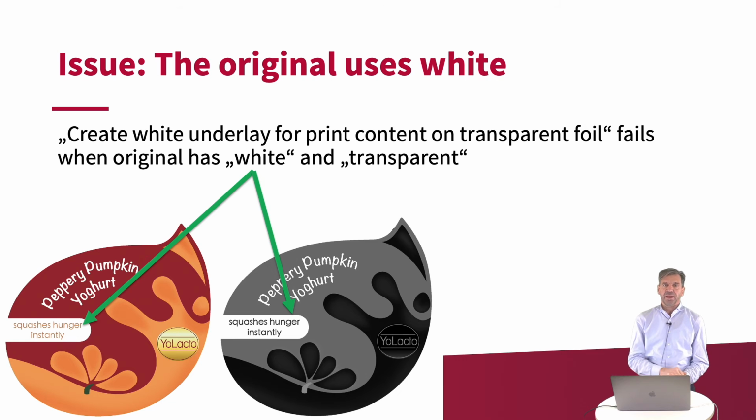So here I have white, and white definitely needs white background, while transparent doesn't. In my label here, the white is different from the white outside of my label. So I wouldn't want to have white background outside of my label, but I want to have white where my original file has a white object, either white text or this white vector graphics element.